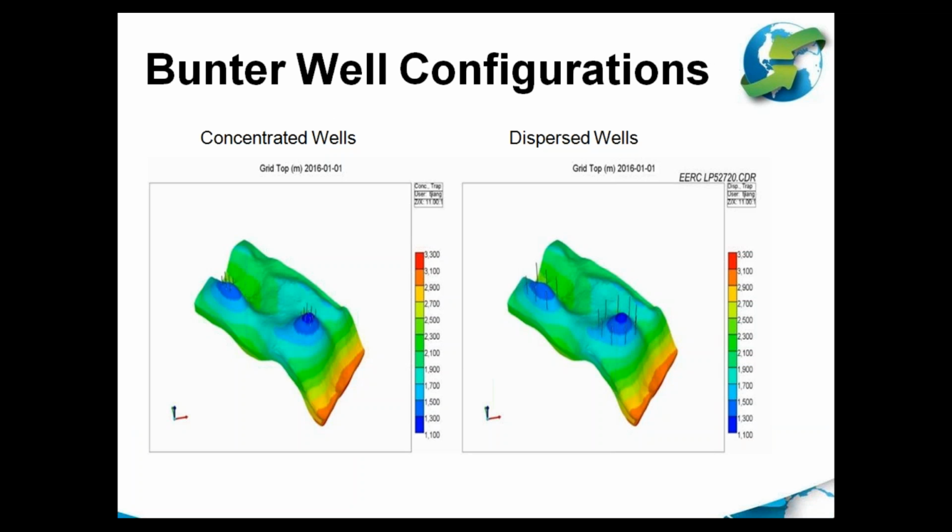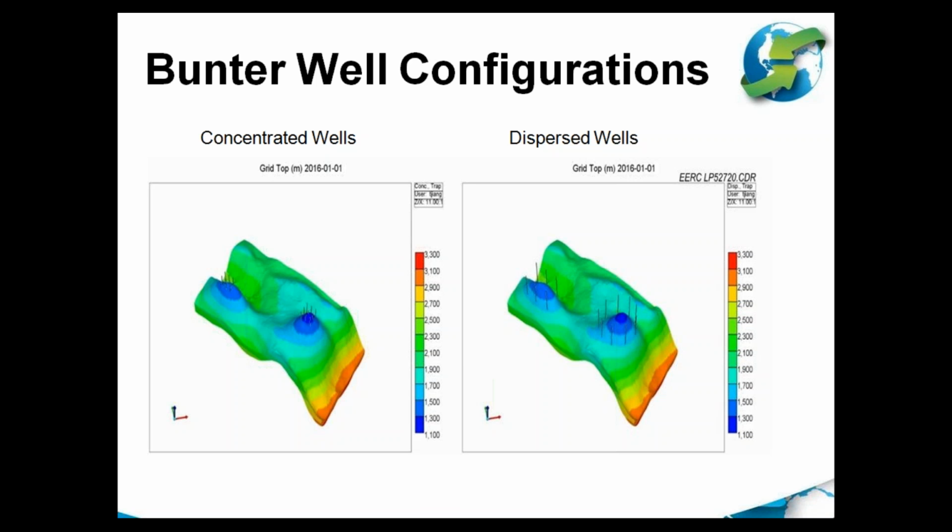Now, what was also done in the Bunter, and I'm just showing that the report does include a number of other different scenarios, but I've deliberately just selected a few to highlight contrasts which the modeling results have produced. And in this case, a comparison was made between concentrated well formations, which you might expect from an offshore platform, as compared with dispersed wells.